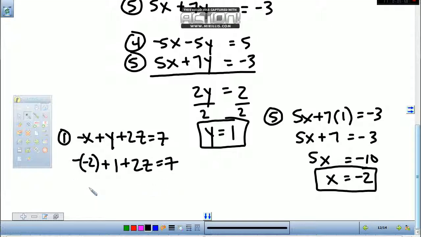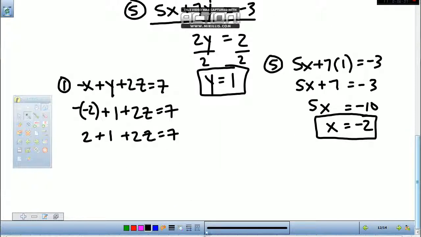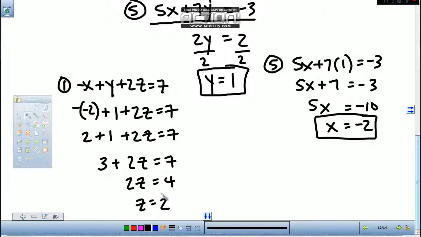So negative negative 2 is 2 plus 1. I'm doing extra steps here that of course you'll be doing mental math. So 3 plus 2z equals 7. Subtract 3, 2z equals 4, and then divide by 2, z equals 2.